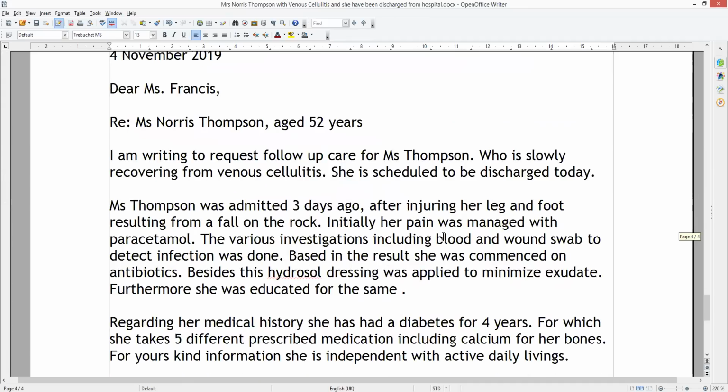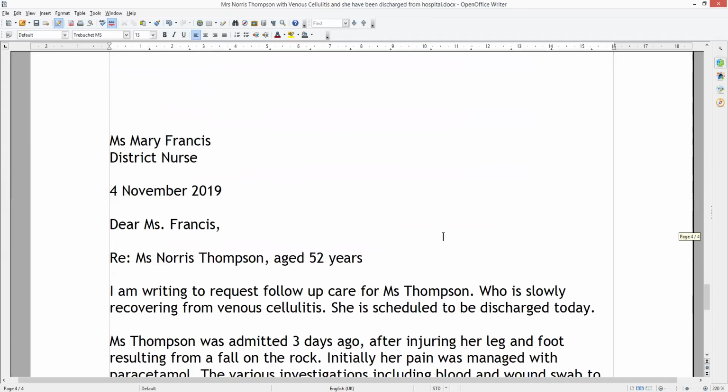Okay, now, does anybody have any comments on this letter in terms of grammar, vocabulary? Because I know it's for a nurse, but still you can also learn from grammar and structure. Anybody have any comments or points or questions?